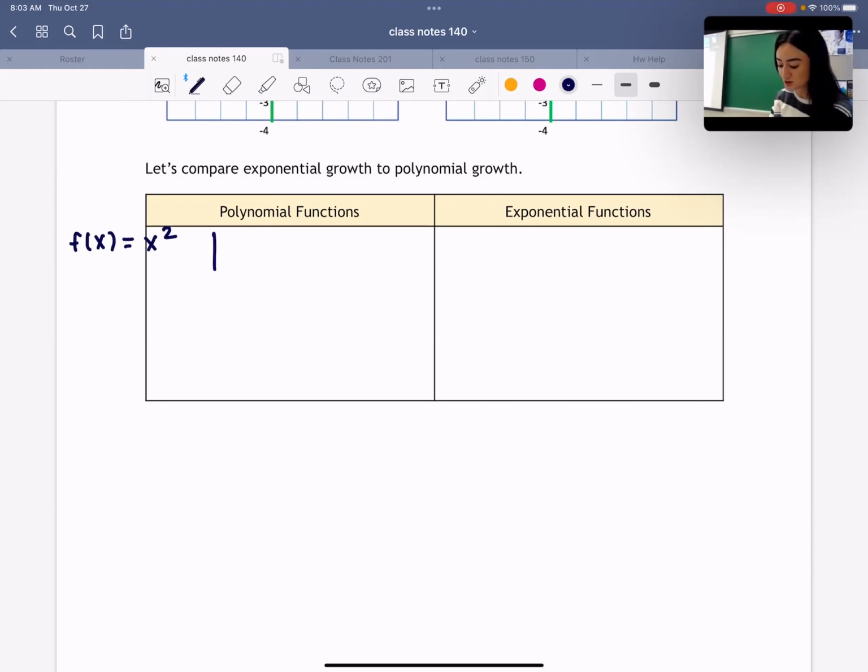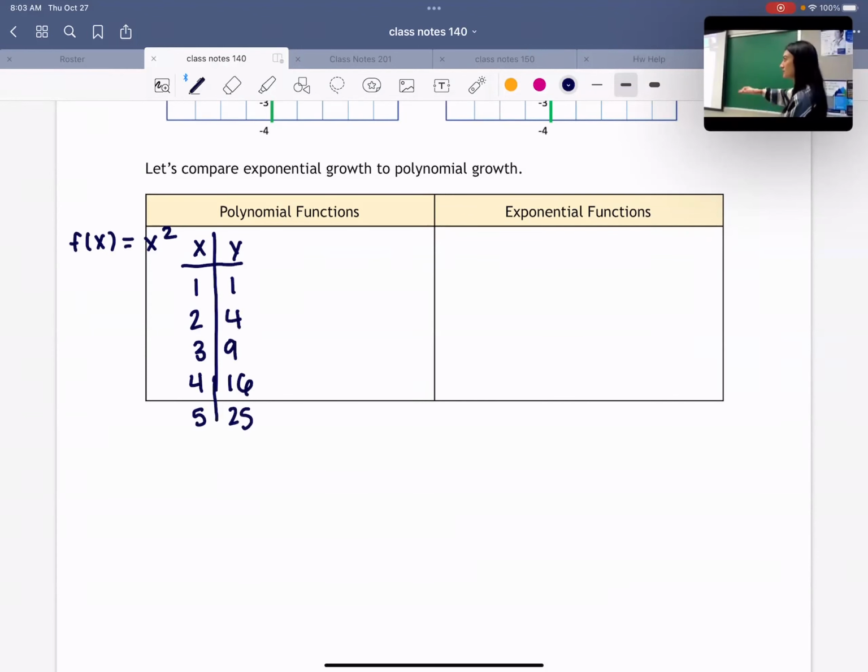If I plug numbers into this function and find x and y values, I could plug in 1 and get 1, 2 and get 4, 3 and get 9, 4 and get 16, and so on. So it does grow pretty fast. Even if I plug in 5, I get 25, which is a lot bigger than what I started with.